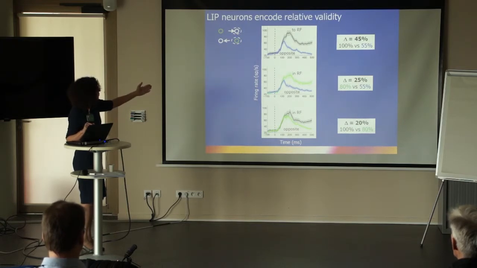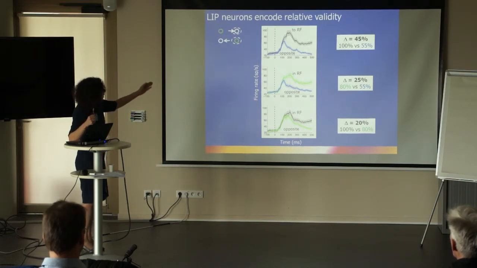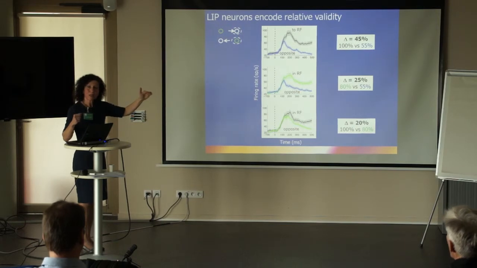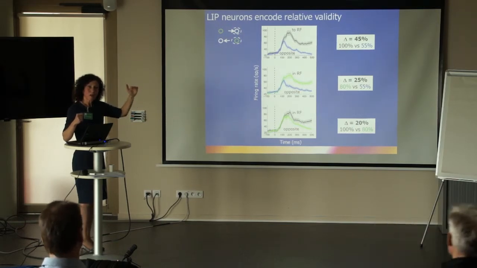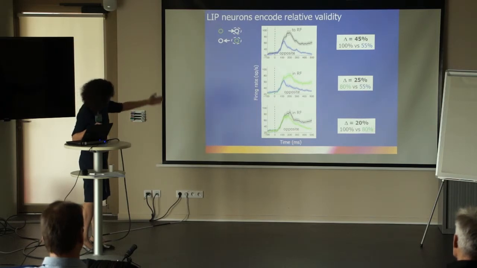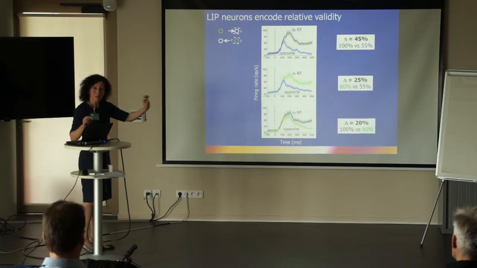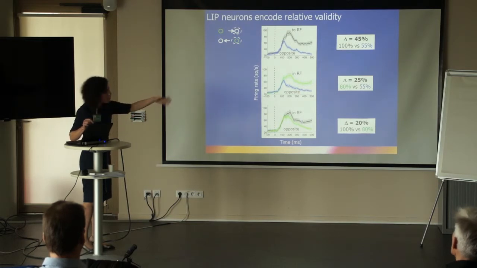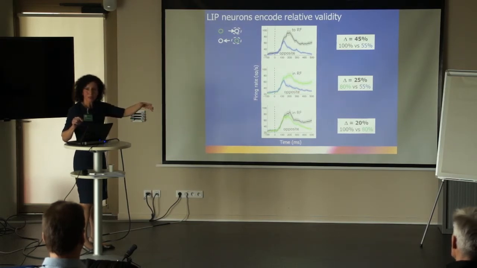What you see is the neurons have a big visual response when the two stimuli appear, and then they maintain sustained activity until the time of the eye movement, right? The time course here is the stimuli appear at time 0, and then we enforce a little delay period. We make the monkeys wait a little bit until we remove the fixation point and let them make the saccade. The saccade happens, it's cut off. It happens after 500 milliseconds.